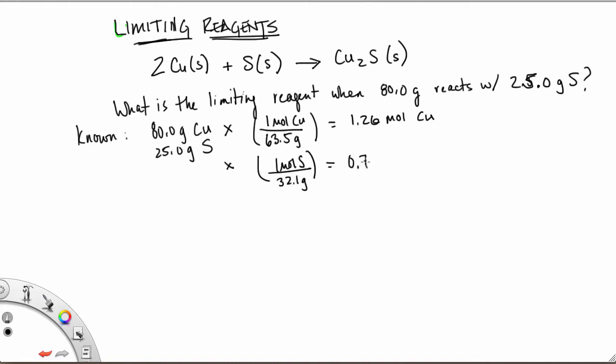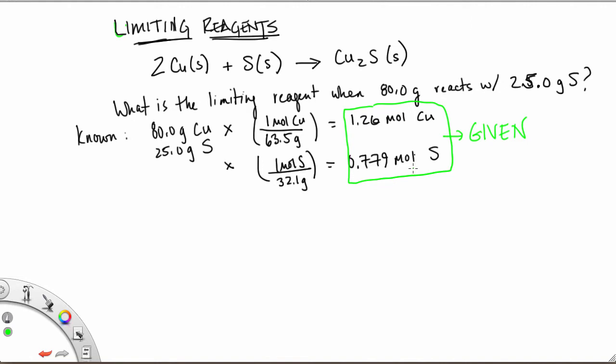We end up with 0.779 moles of sulfur. Okay, so this is our given quantity. So we'll label this given. Okay, I've just converted those to moles.